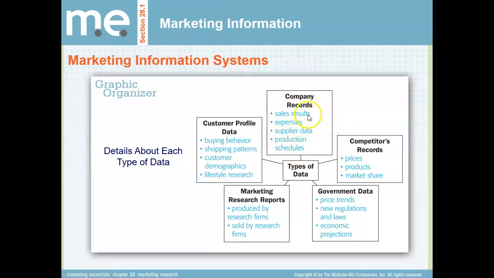Think about some of these sales results, right? How do we do relative to last year? Are we growing our business, or is our business shrinking? Are our expenses getting out of control? How much are we spending to get our sales? And then, if you think about supplier data, right, we want to know how much it costs to make that widget, because maybe there's a better supplier or something where we can get our goods for cheaper.